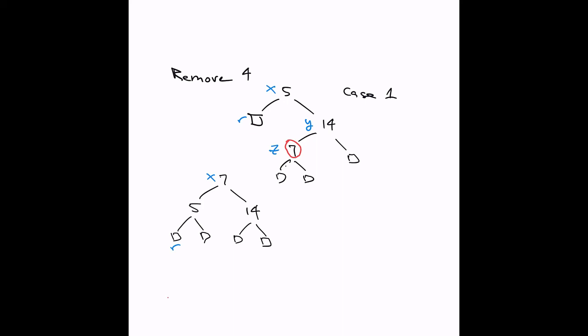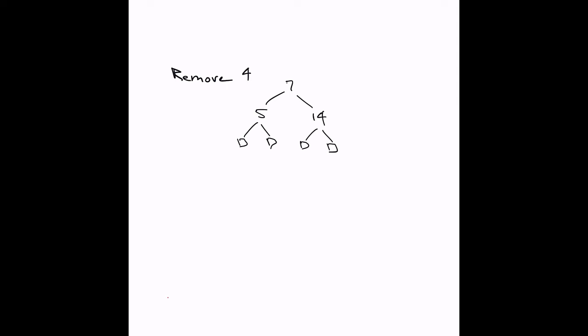We set X's left child to black, which it was previously, and we set X's right child to black, it was also previously black, and then we set R to black, and it's black already. And here is the tree after removing 4.